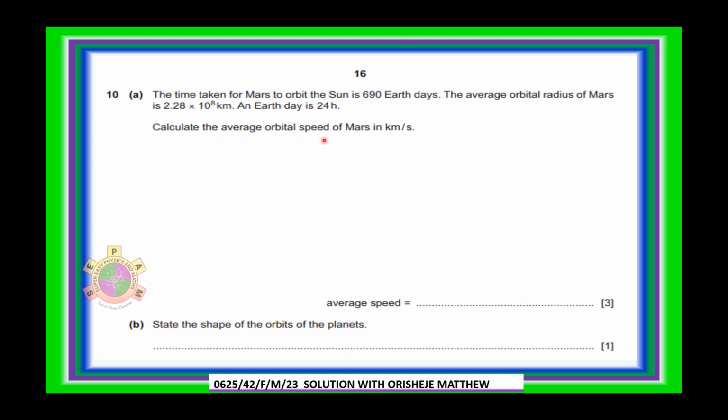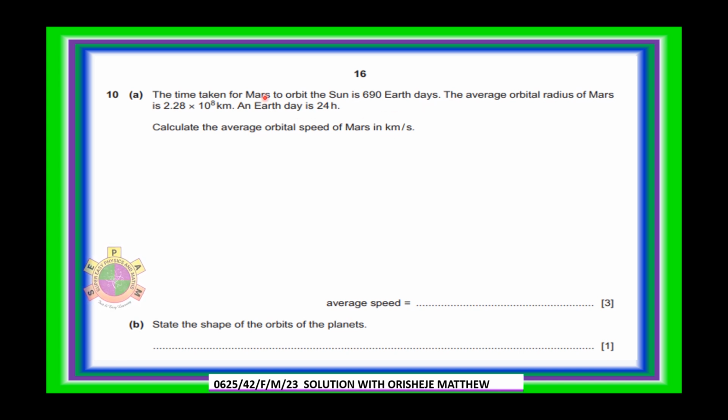So the distance will be in kilometer, and you already have the orbital radius in kilometer. If you want to calculate the circumference of the orbit, using a circular orbit, it is the circumference of a circle, which is 2 pi r, divided by the period, the time taken for Mars to orbit the Sun, which is 690 Earth days.